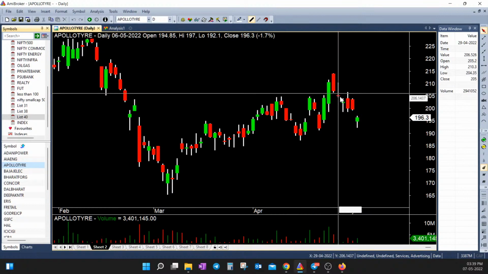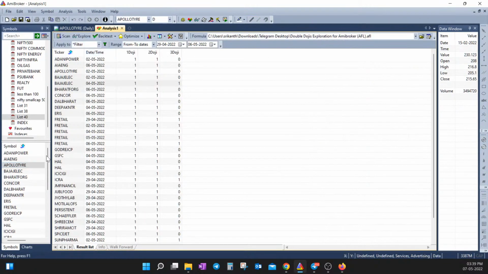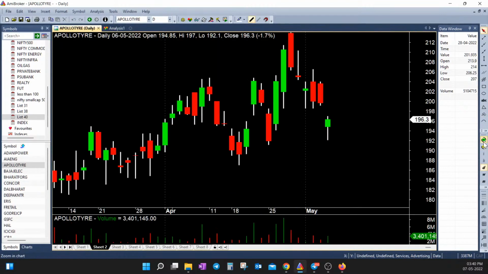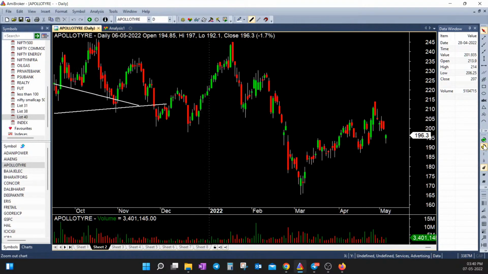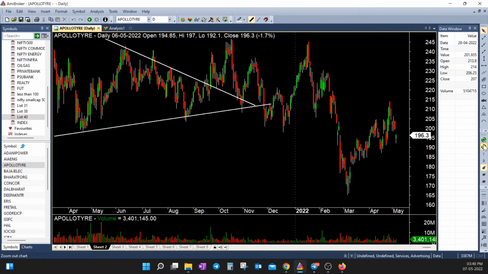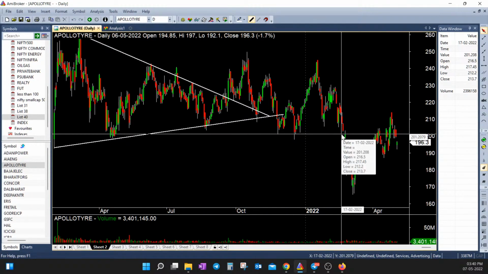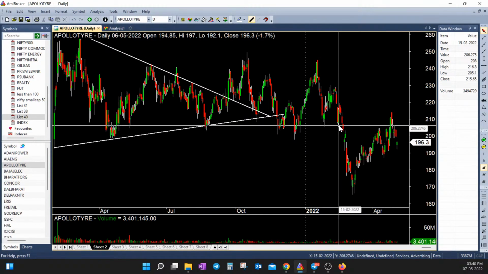Apollo Tyre, these two dojis. See here we get it with a date also. So the double doji formed on 2/5. Okay. So where is this double doji formed? Almost at the resistance level. Yes.